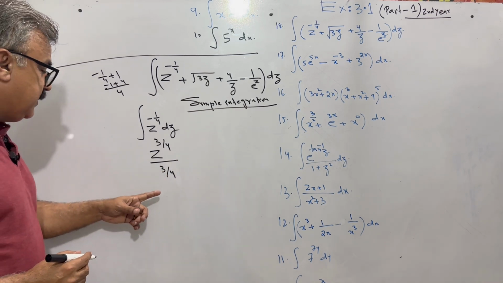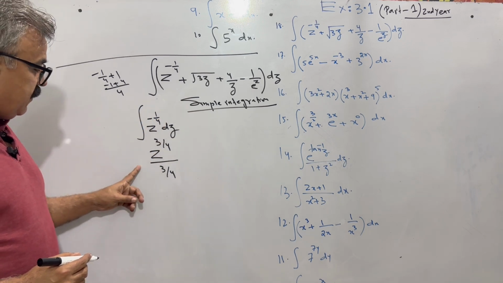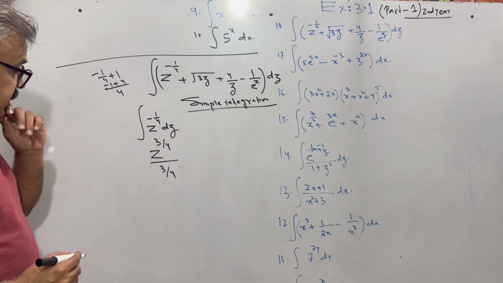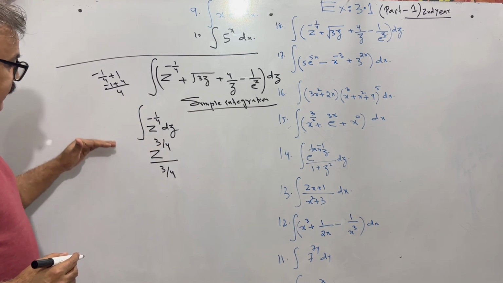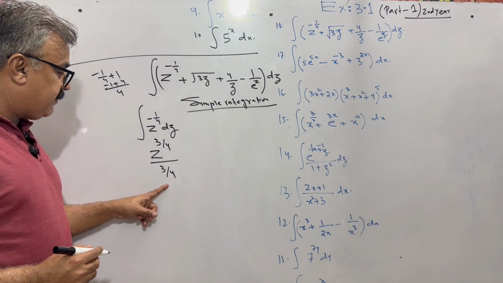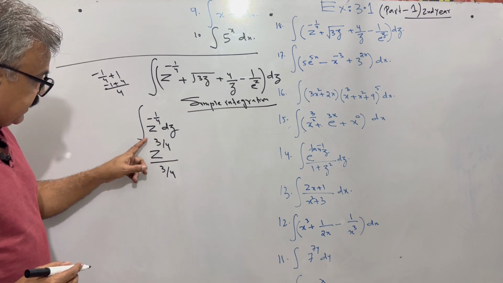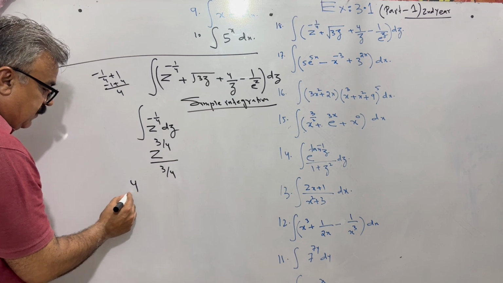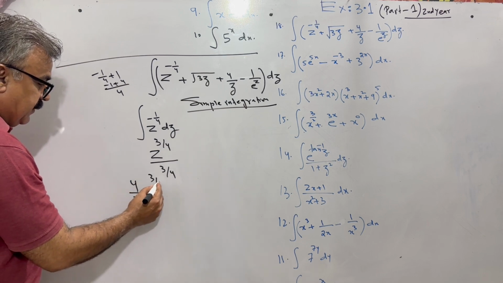In differentiation, we subtract one from the power and make the power the coefficient, meaning we multiply with the power. Here, the opposite of decreasing 1 is increasing 1, and opposite of multiplying is dividing by the power. So this can be written as 4 over 3 z raised 3 over 4.